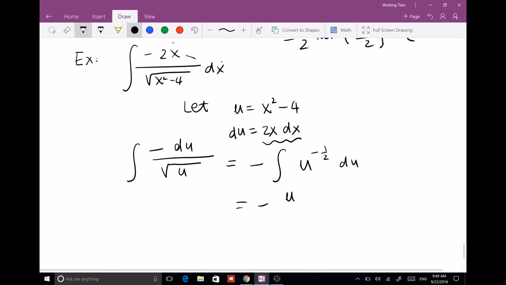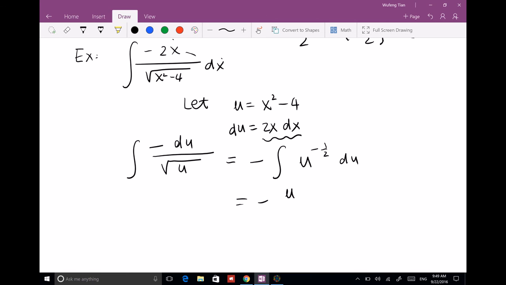Okay, I want to stop here and ask one student to help me with that. Can you help me with this one? What do you think u to the negative 1/2 is, if I take the integral?